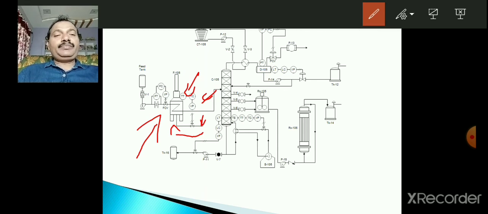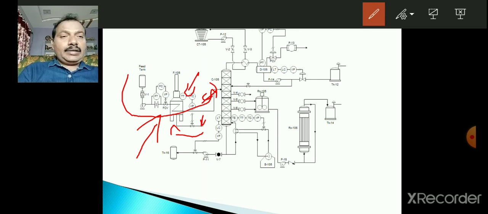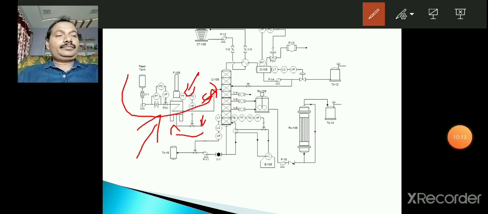And at the same time, the crude oil that is pumped into the distillation column at the middle section is not directly pumped, but it is pumped through the heater. So this fluid rate of flow can be regulated like this. You see, the orifice symbol is there here.